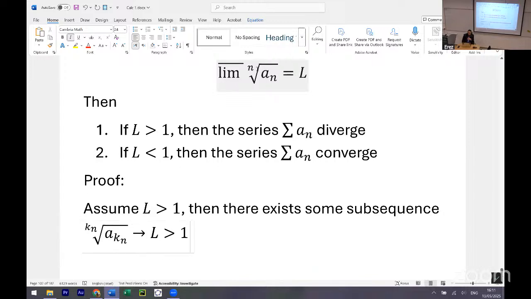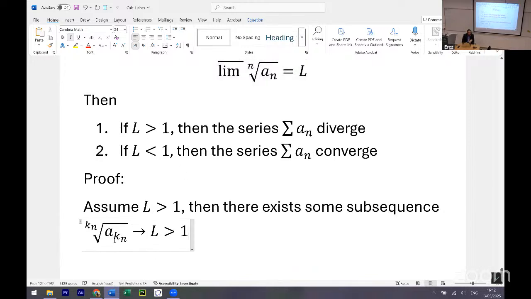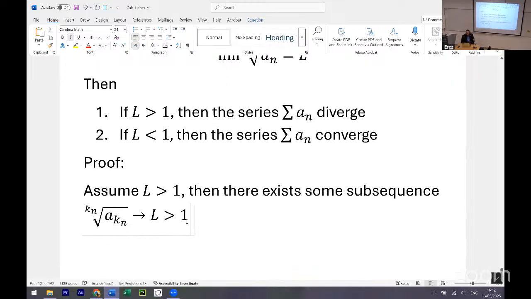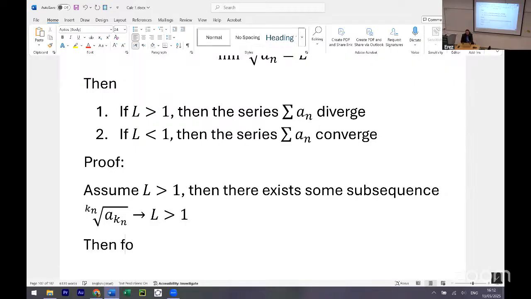Wherever I put n, I switch it by k_n. That's composition. Okay. So the k_n-th root of a_{k_n} tends to L, which is larger than 1.